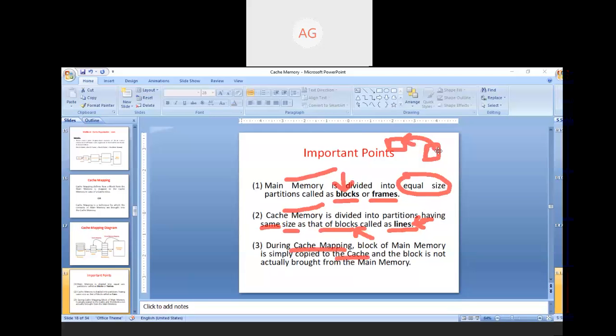It is only copied, not cut. We are not cutting that data and just transferring it to the cache memory. So after copying, both the cache memory and the main memory have that block. These are very important points to remember. So moving to the next slide.